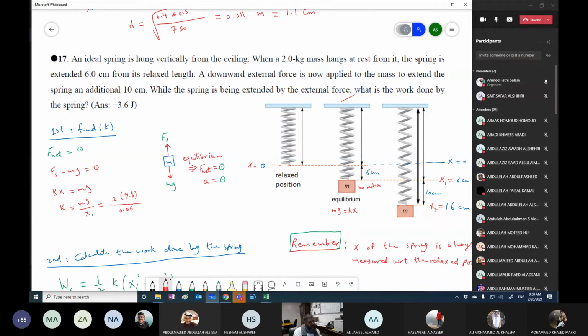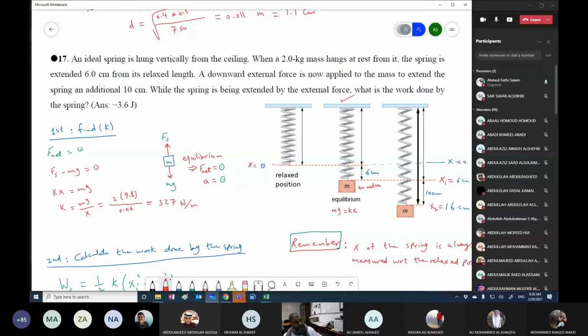So k equals mg over x. ممكن تحسب يا محاسب. 2 times 9.8 divided by 0.06. How much is this? 326.6. 327. سامحينك في الفكة. نيوتن بير متر. This is K.